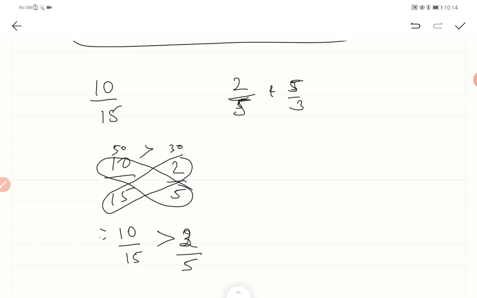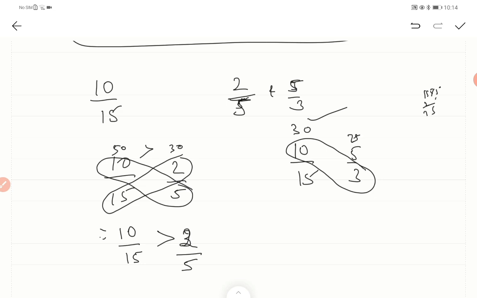Let's check the other fraction: 10 by 15 and 5 by 3. This is 10 threes is 30, 15 fives is 75. So here it is less than. So 10 by 15 is less than 5 by 3 given.